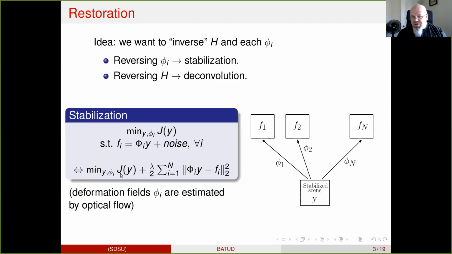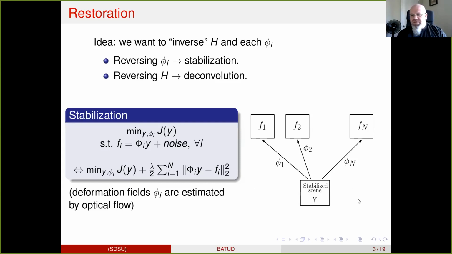Because of our regularization term here, we will get an update of this y. And then we can iterate the process. From this updated y, you update the phi's, and those updated phi's permit you to get an updated y, right? So we have an iterative process, which converges pretty fast. In practice, usually between 10 and 20 iterations is well sufficient to get a stabilized image.